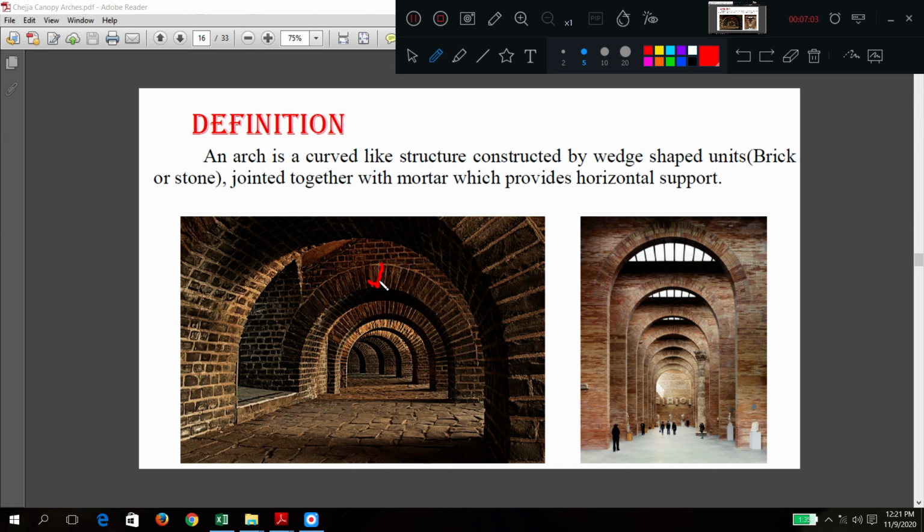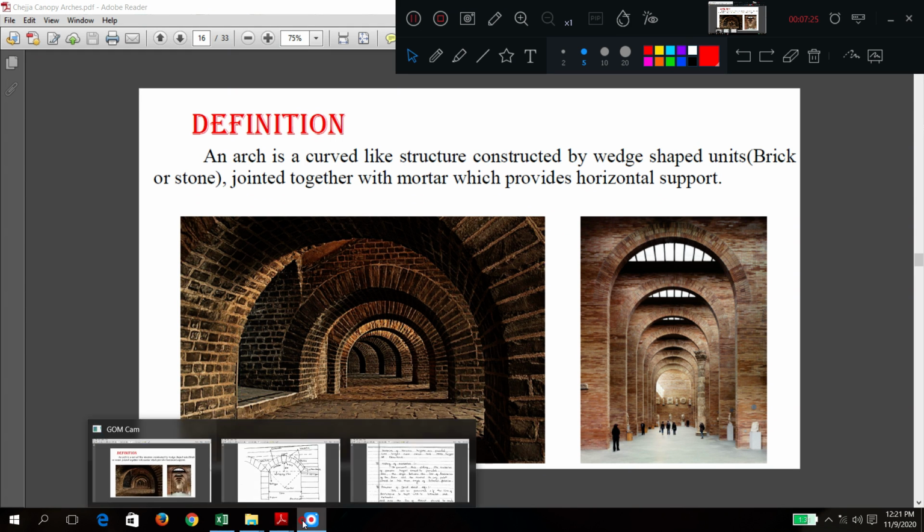Less height near the crown, more height near the abutment. Less height at the middle portion of the arch, and bigger size near the abutments. So that is also one precaution you can take.